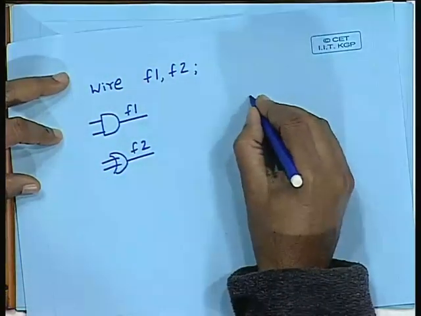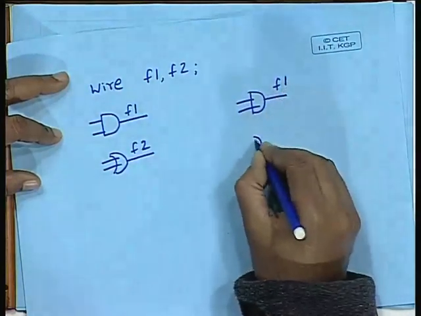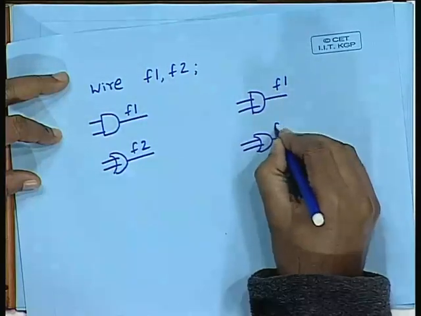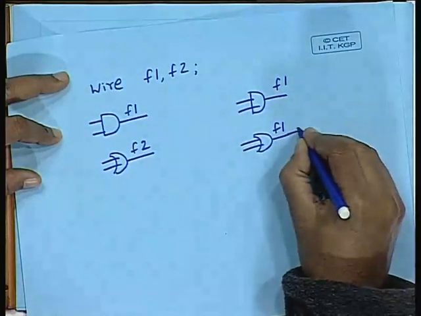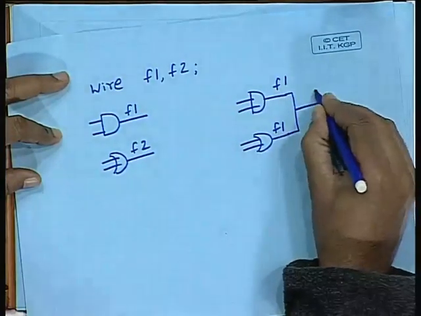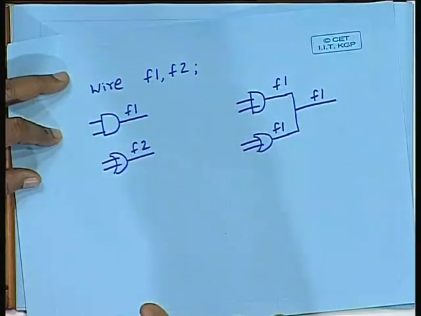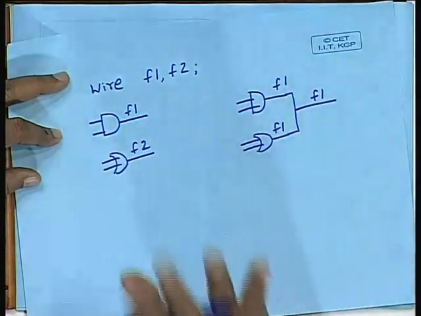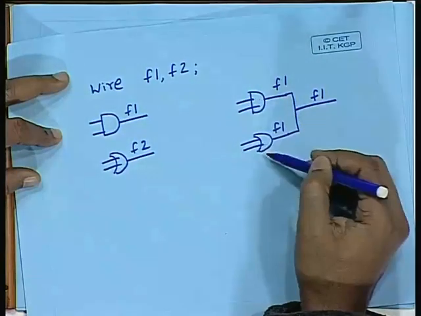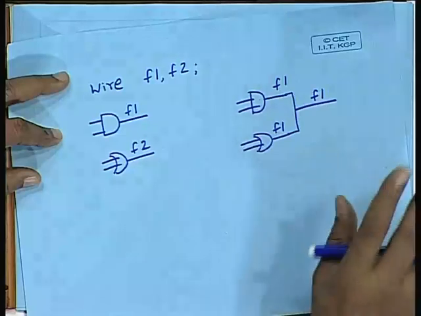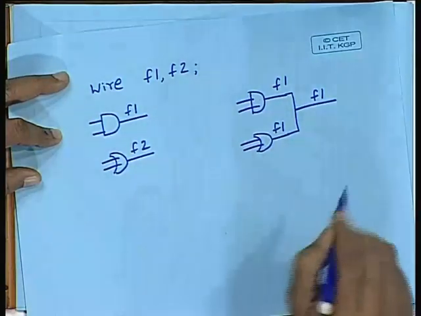But you can have another scenario where this gate is driving F1, and the other gate is also driving F1. The synthesizer will not give an error, but it will short these two outputs and give the output as F1. The synthesizer will assume that the designer has taken care that these two gates will have tri-state control. But if not, then it is a design error, and you will detect it during simulation, where the output logic value will show as indeterminate.